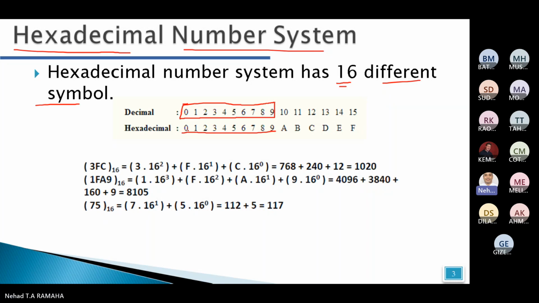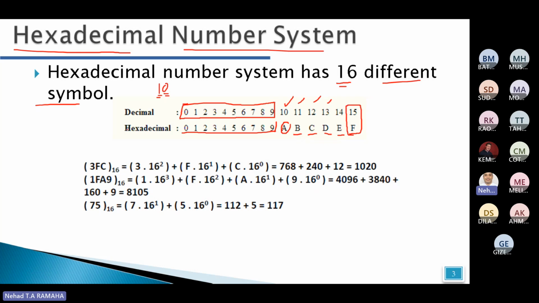We need 10 in hexadecimal, but we cannot write 10 like this because it means 1 and 0. We need a new symbol for 10, so we use letters starting from A for 10, B for 11, C, D, E, until F for 15.